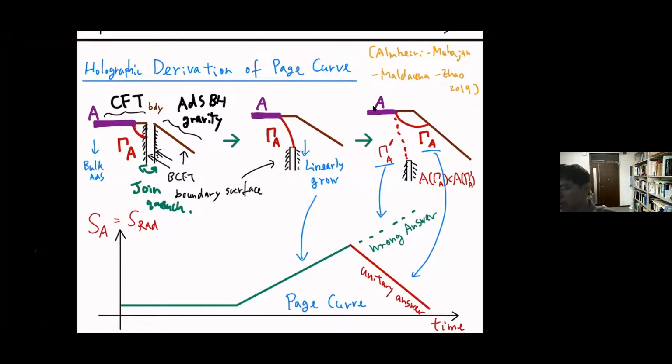This is typical in a joining quench. In that case you can think there is a boundary. This is a BCFT boundary, right? As we discussed, this minimal surface can end on the boundary surface, right here. These are also boundary surfaces because we impose Neumann boundary conditions.